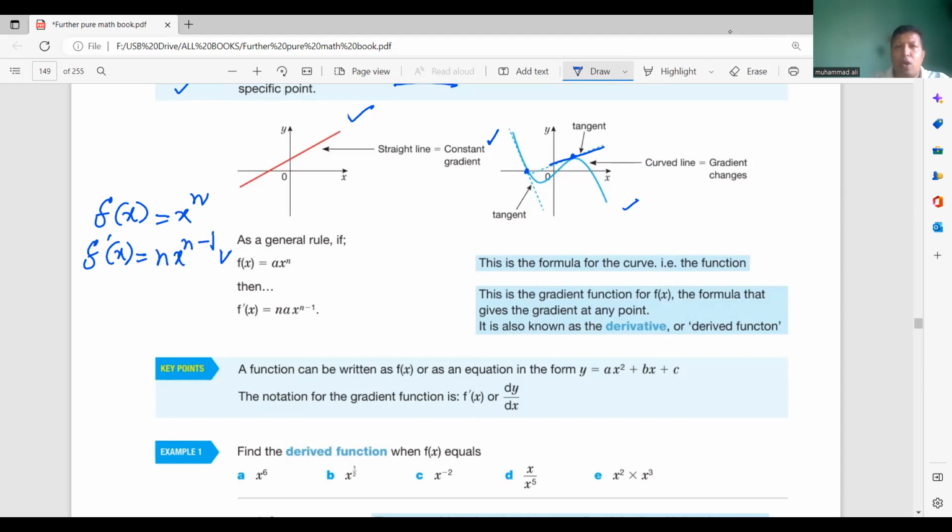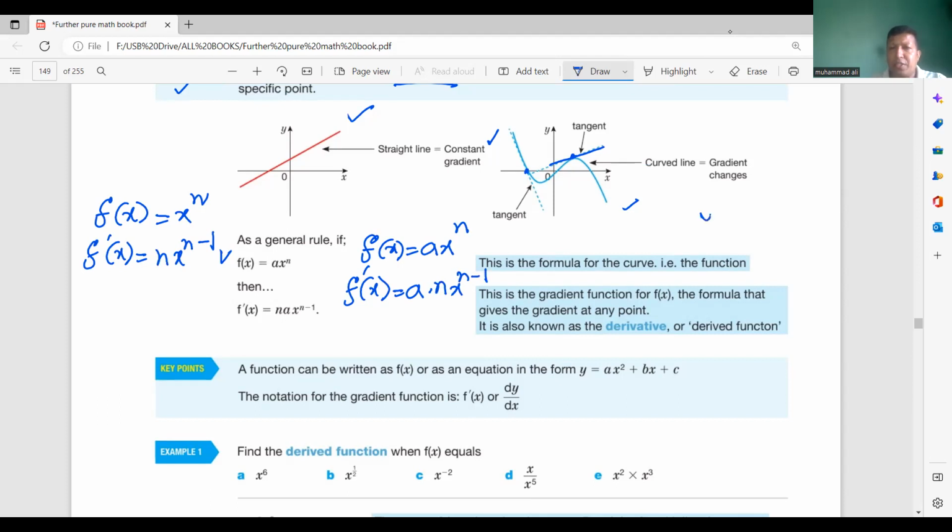This is the basic formula. Or if we write f(x) equals a x to the power n, where a is a constant, then if we do differentiation, we write f prime x equals the constant first, then this n comes first, x to the power n minus 1.